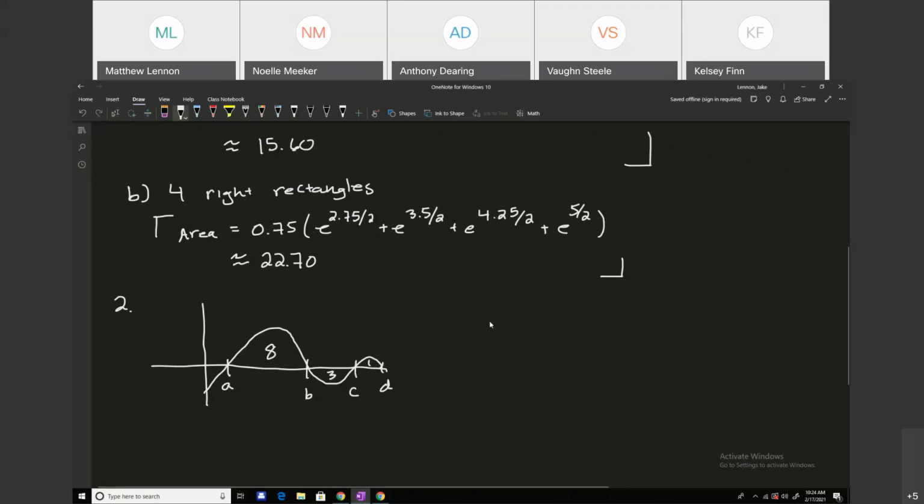And we could just say, find the value of each integral. And we could call the function f of x again, using the picture.